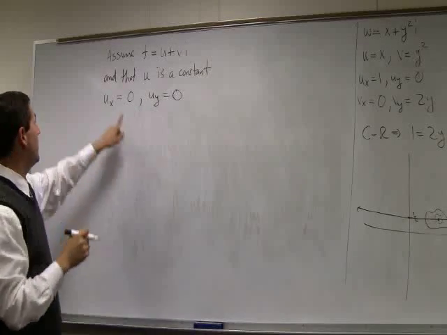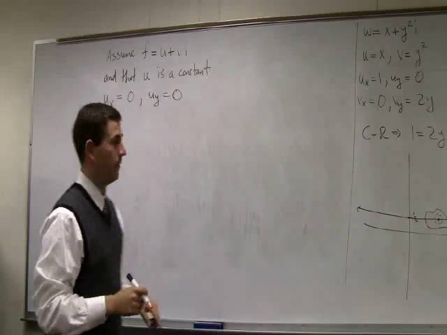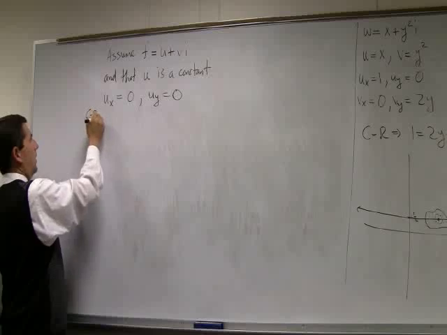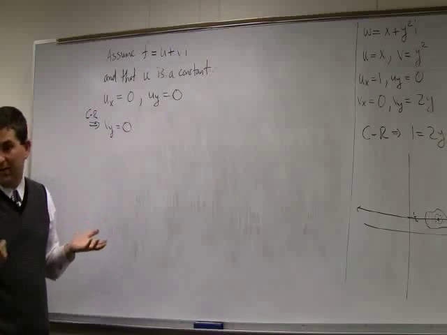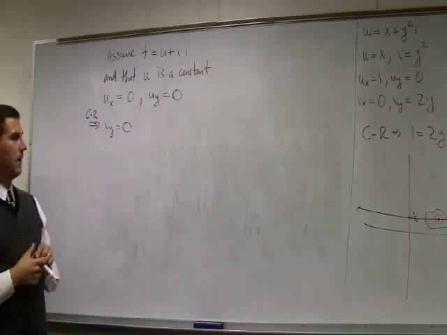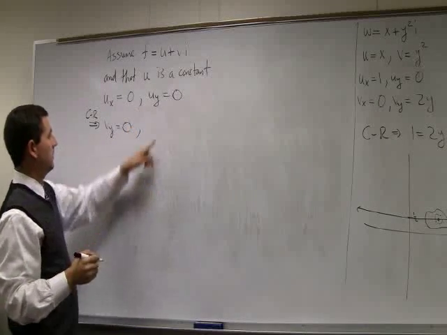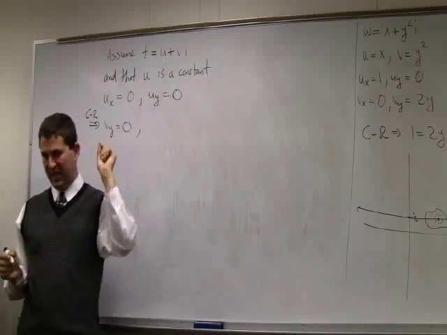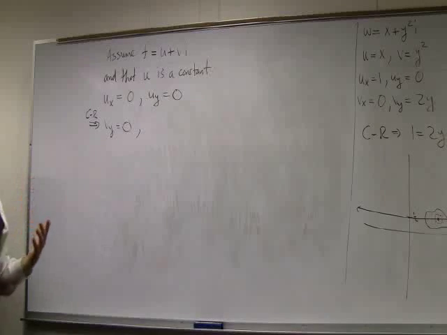But if the Cauchy Riemann equations are satisfied, then ux equals vy. If ux equals vy, then vy is 0, because ux is 0. Now, if uy is 0, well, also the Cauchy Riemann equations tell us that vx is negative vy, which means that vx is negative 0, which is 0, so vx is 0.